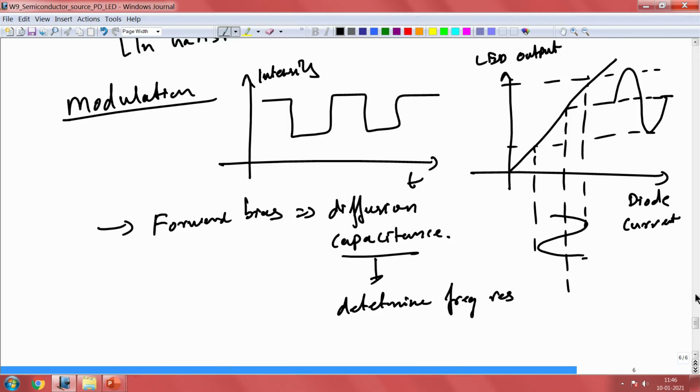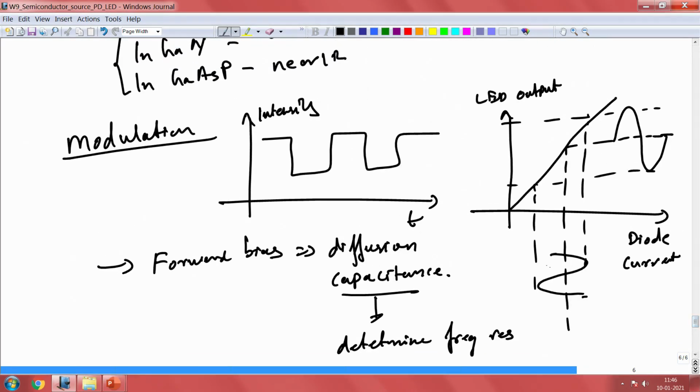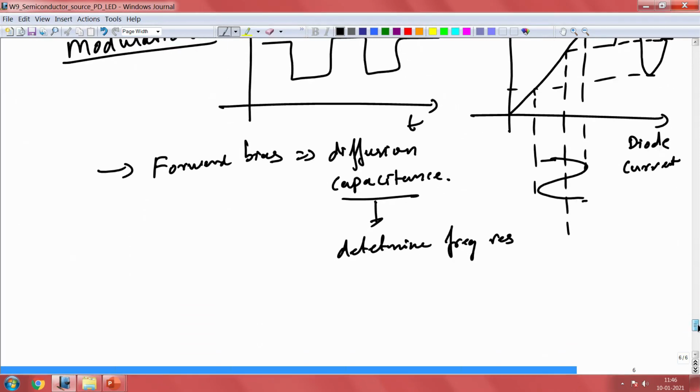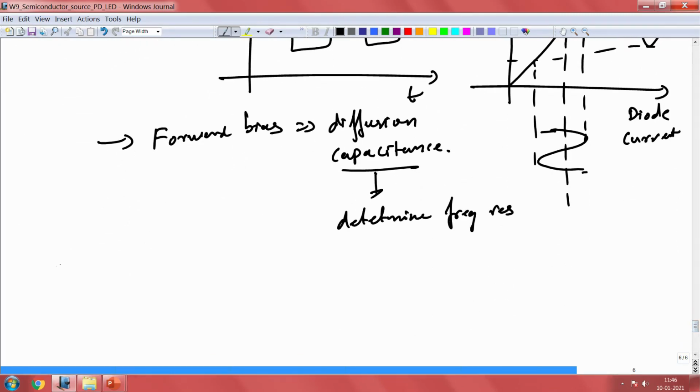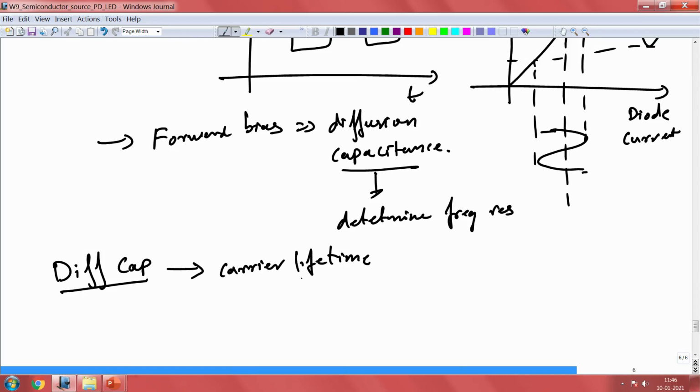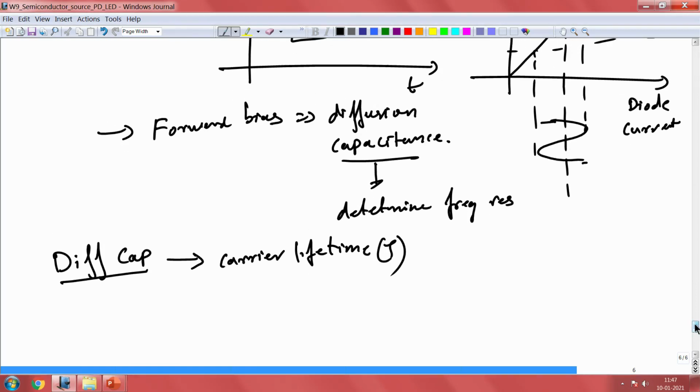So, how quickly can you change this current so that your output is still a replica of the intensity that you have? Diffusion capacitance is a limitation here, and it depends on the carrier lifetime.